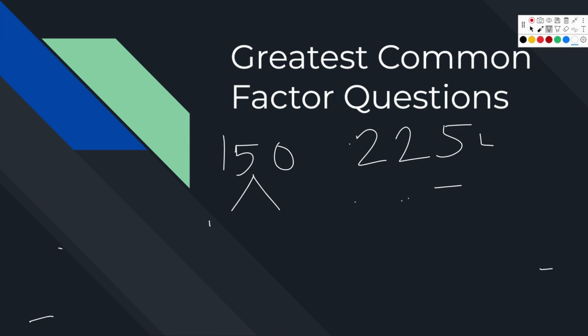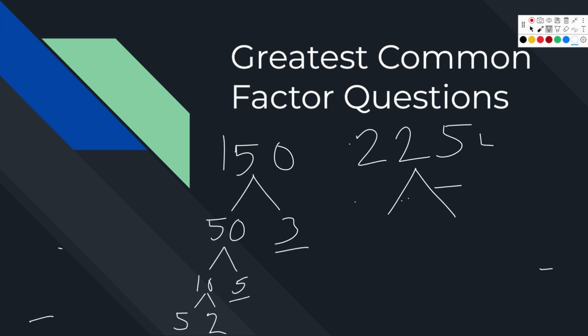So 50 and 3. Then we can break this down further. I guess we can say 10 and 5. This is prime, this is prime. We can keep going with this. 5 and 2. And these two numbers are prime at the bottom as well. So now we're going to do the same thing for 225.